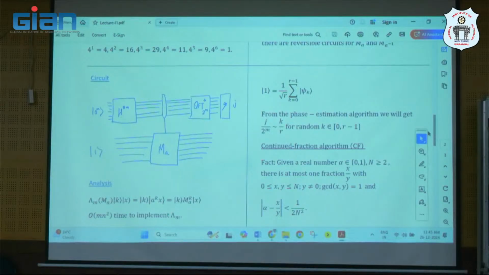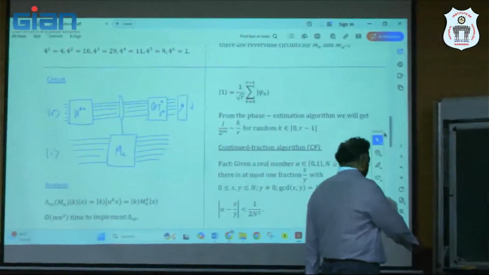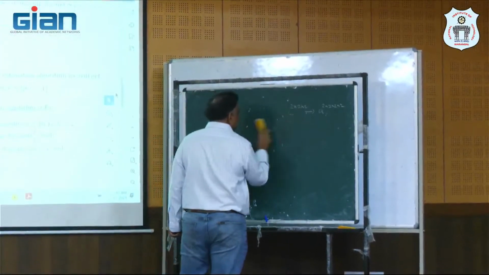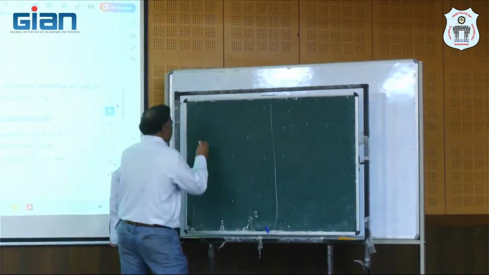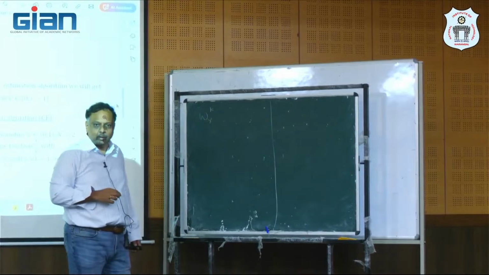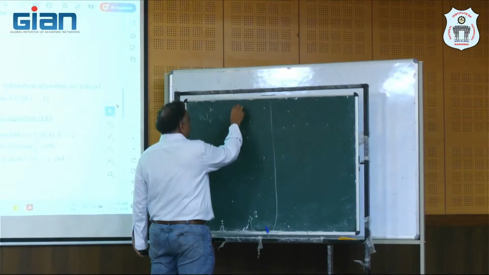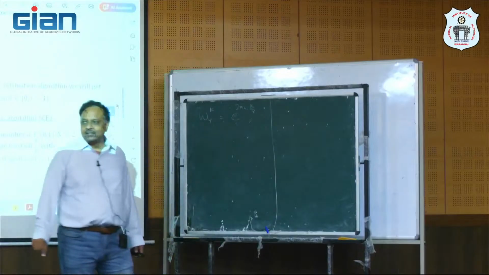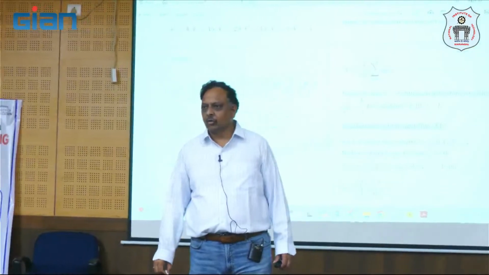Omega r to the k. That was the eigenvalue. This is the same as e to the 2 pi i k over r. Agreed? Yes or no?